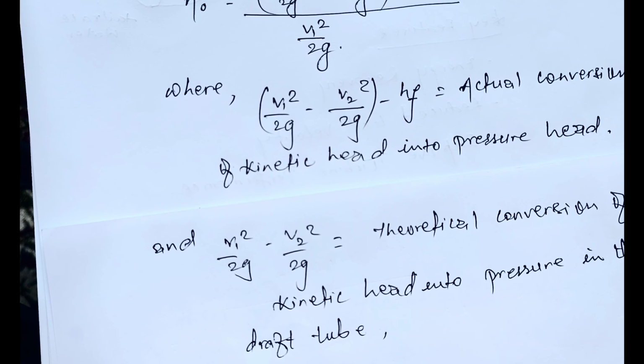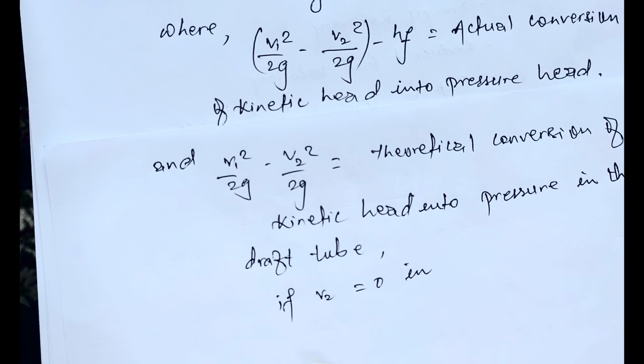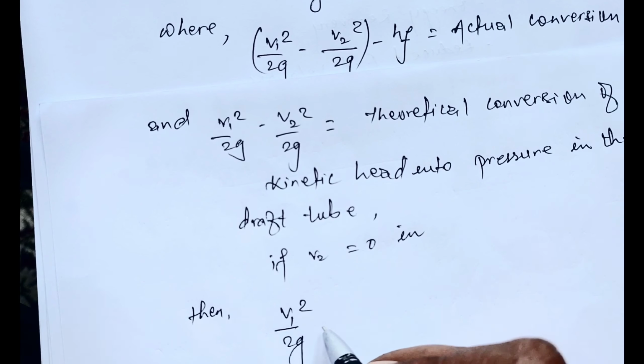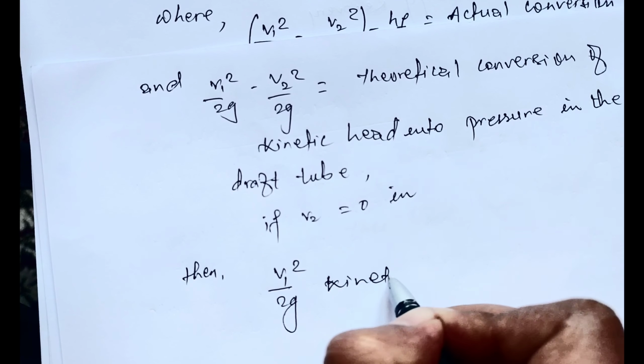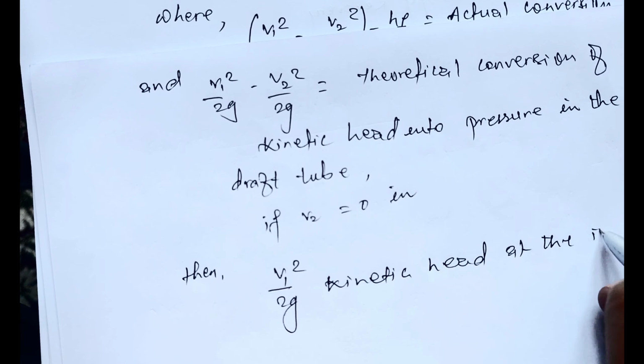If V2 equals 0 in this equation, then this equation will be V1 square by 2G only. This is called the kinetic head at the inlet of the draft tube.